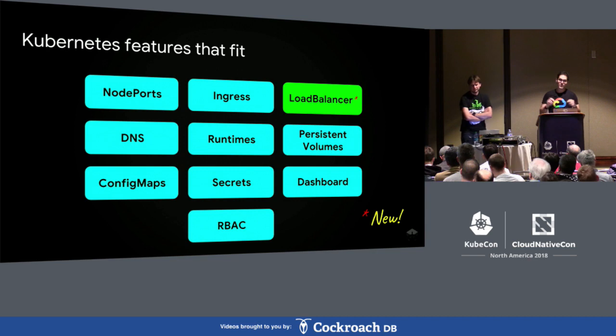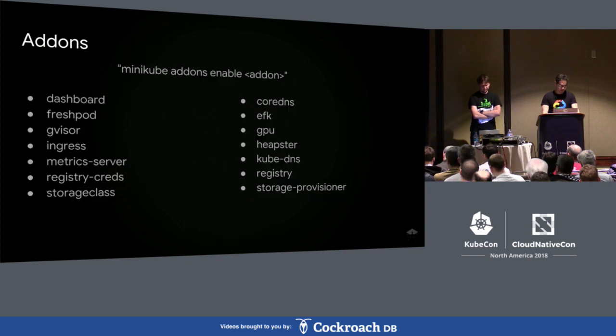That's not a real load balancer. Some of them come as add-ons, so Ingress and Dashboard, you can use them as add-ons. I'm going to talk about that in a second. Secrets, config maps, DNS, you use them as usual in your cluster. So you can use the same scripts as you would use in a real Kubernetes cluster.